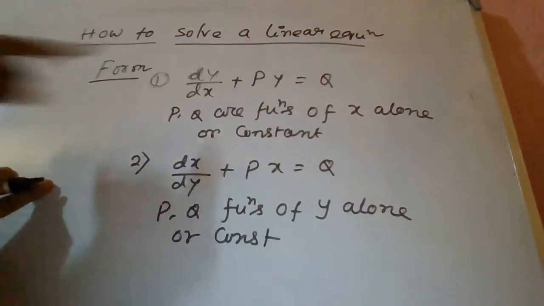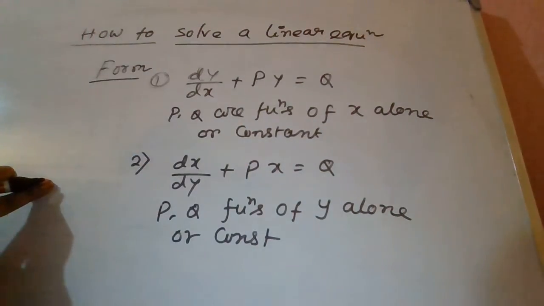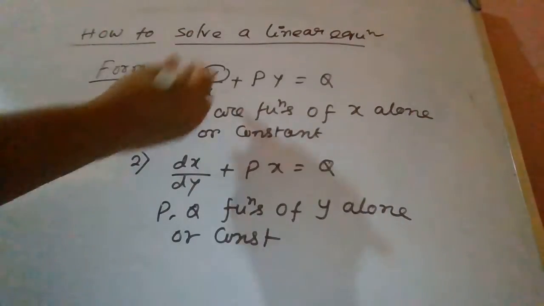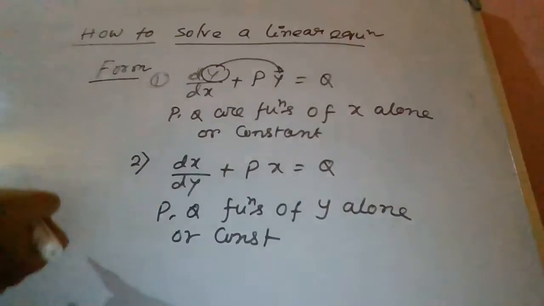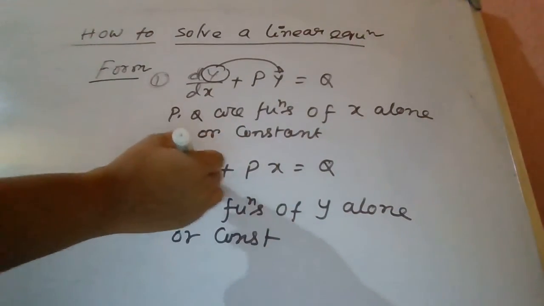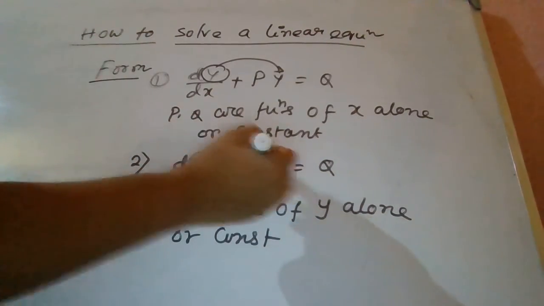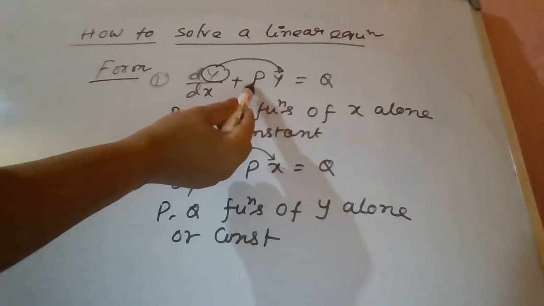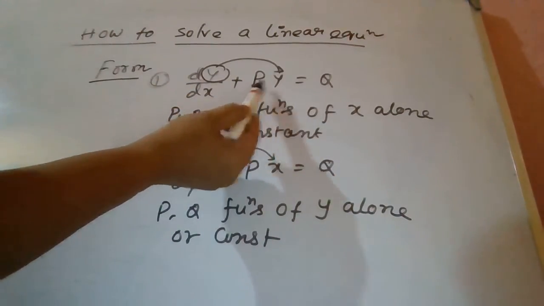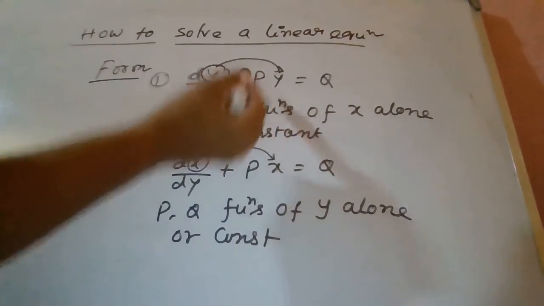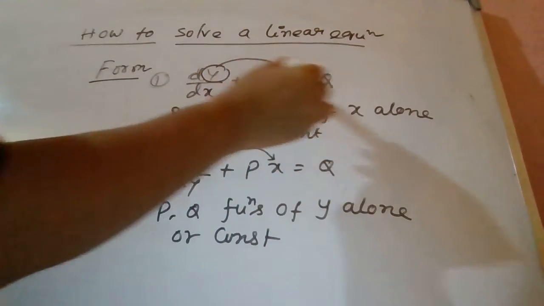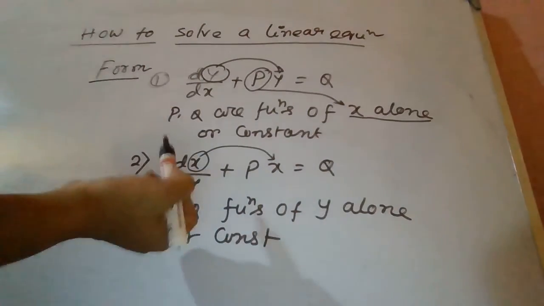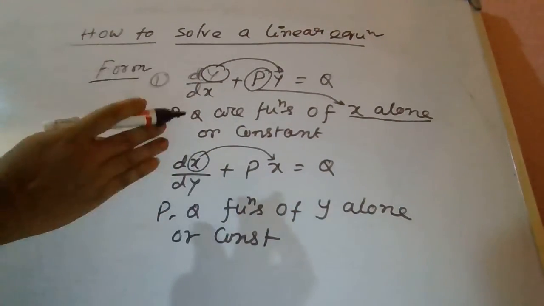Number 1 is dy/dx plus py equals q. When there is dy, y is multiplied with p, and when there is dx, x is multiplied with p. Since in dy/dx plus py, p is multiplied by y, p is a function of x alone, that is, p is only a function of x.